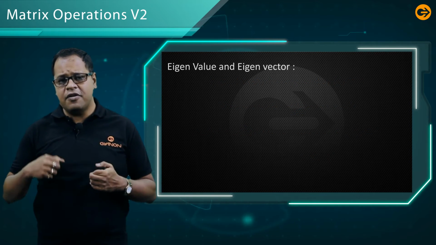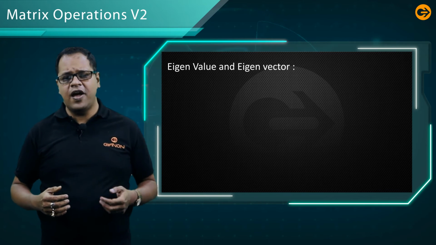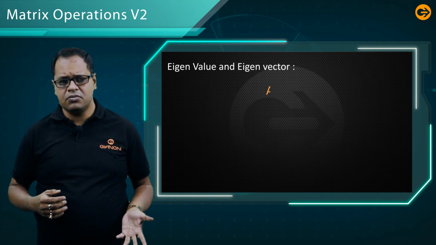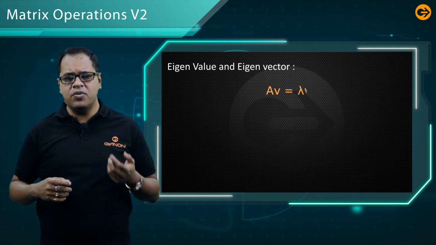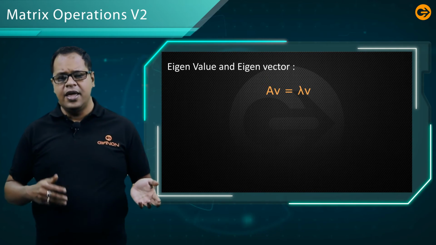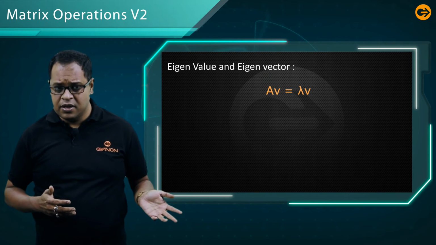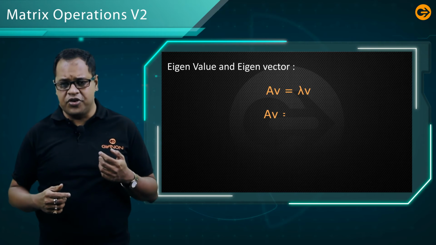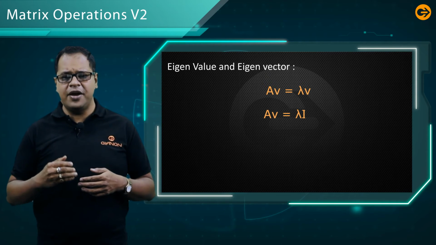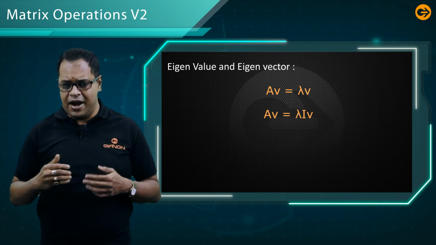Now let us discuss another very important term, eigenvalue and eigenvector. We start by finding the eigenvalue. We know this equation must be true, that means AV is equal to lambda V. Now let us put in an identity matrix so that we are dealing with a matrix versus matrix.